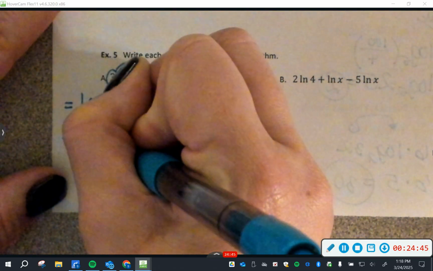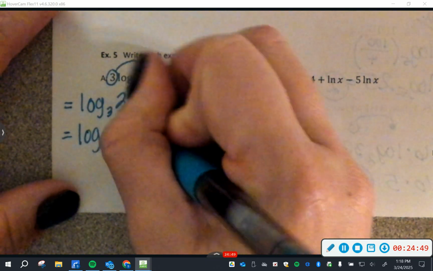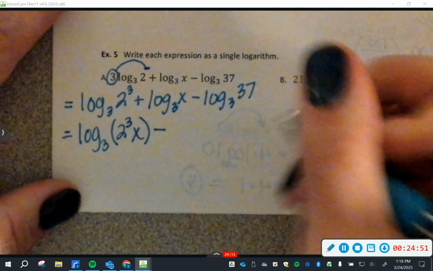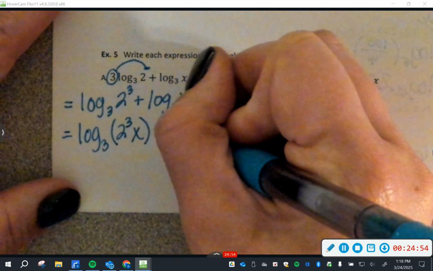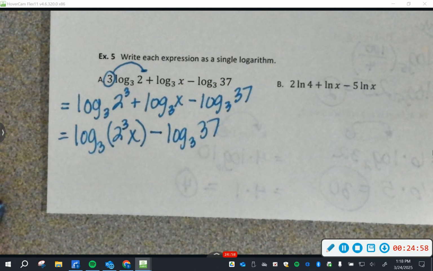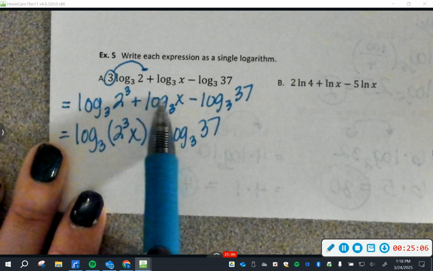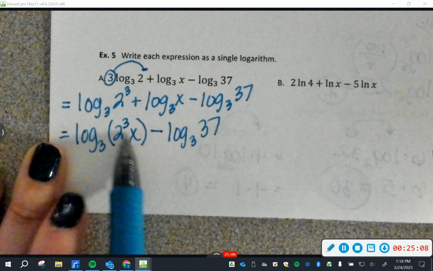Log base 3 of 2 to the 3rd times x. And then I have minus log base 3 of 37. Everyone okay with where this came from? So I'm just dealing with these, putting those together.